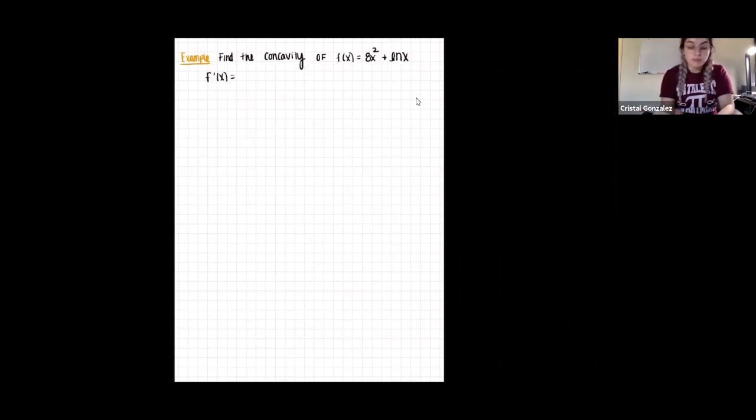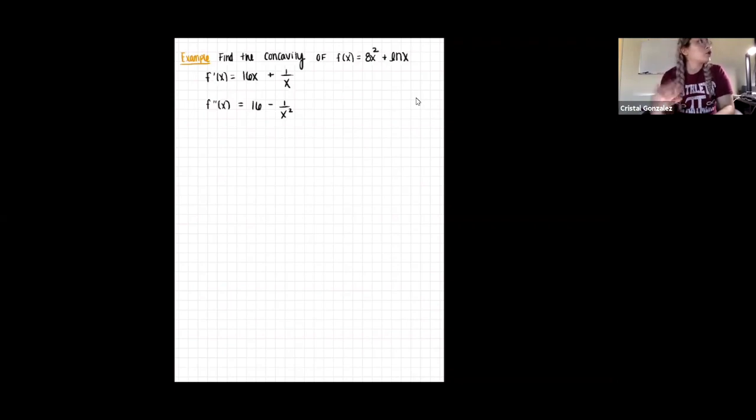So if we take the first derivative of this function, we will get 16x plus 1 over x. And then if we take the second derivative of this function here, we'll get 16 minus 1 over x squared. Okay, so hopefully everybody got that.